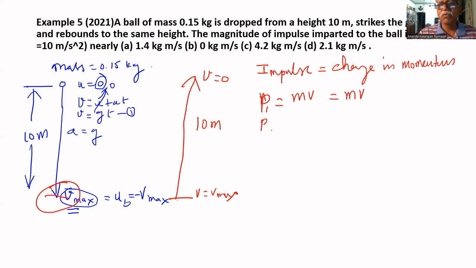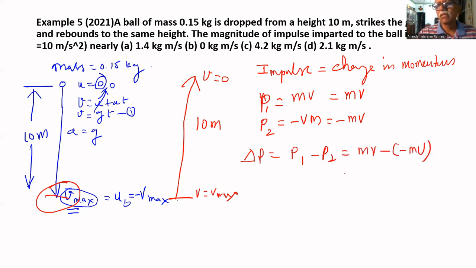What is the rebounding momentum? That is P2 equal to minus v multiplied by m, that is equal to minus mv. What is the change in momentum? Delta P equal to P1 minus P2, that is equal to mv minus of minus mv, that is equal to 2mv.